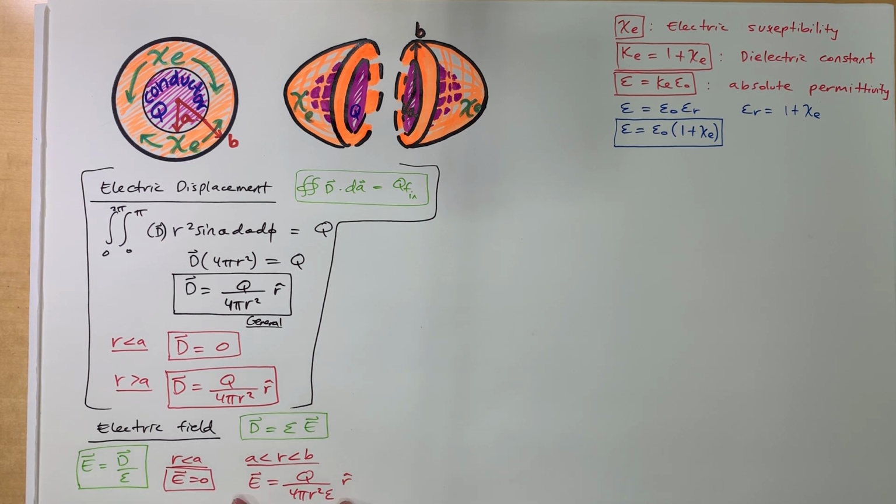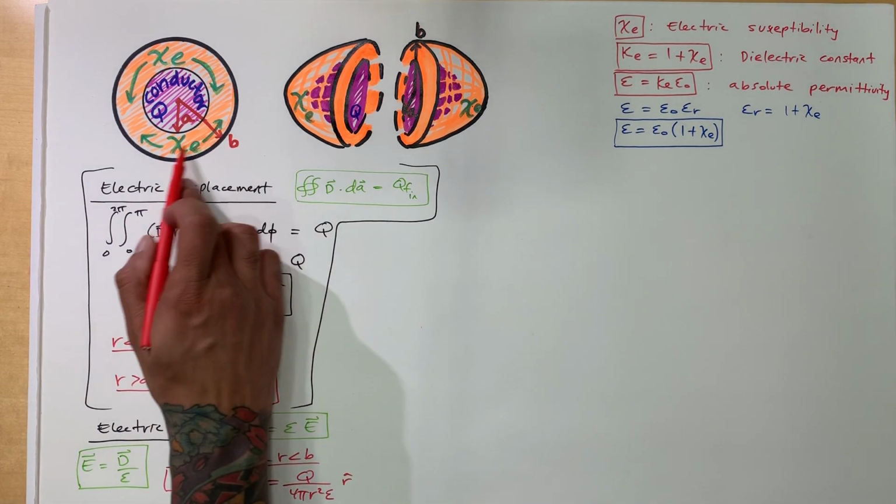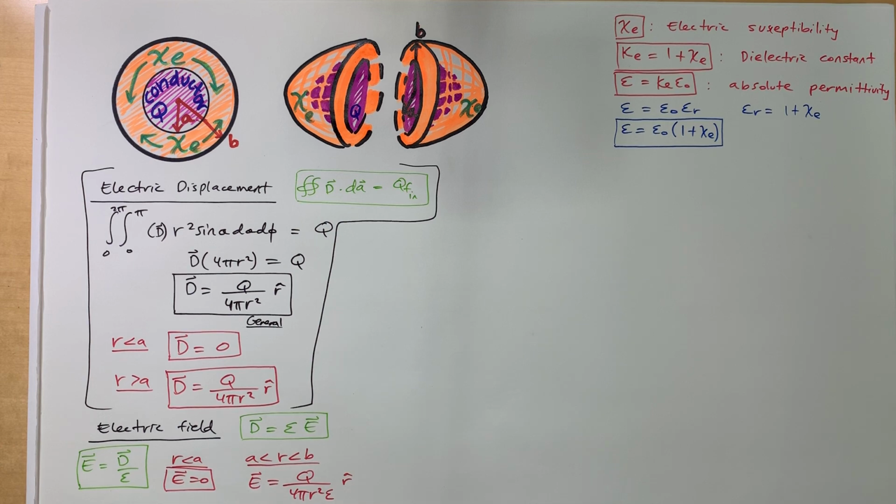We can leave this like this, but this epsilon is specific to the region that we're in. For now we can leave it, but when we do the polarization next, we're going to end up changing this. And we can change it now. Because we're in this region, let's express it how it should be expressed.